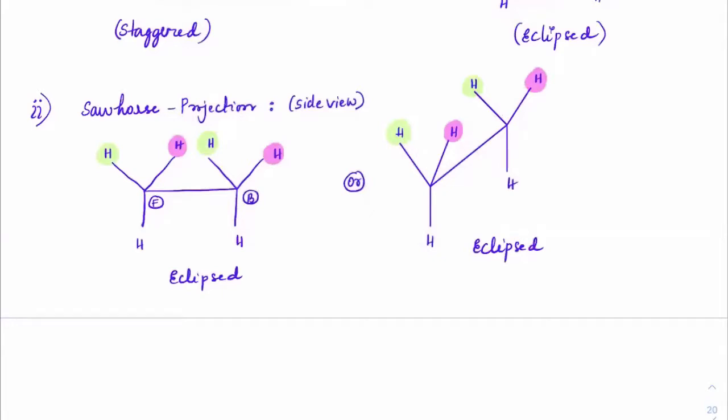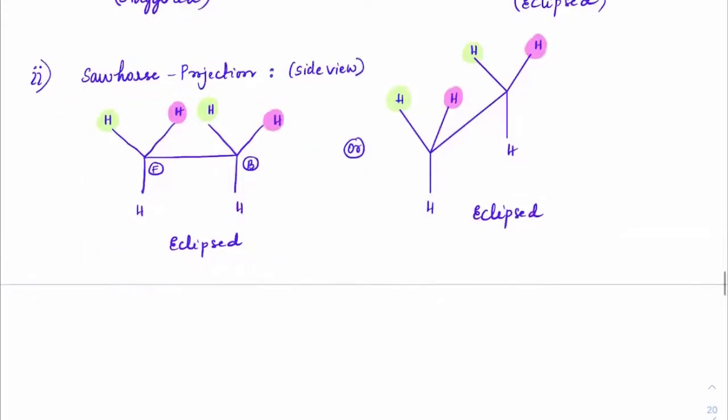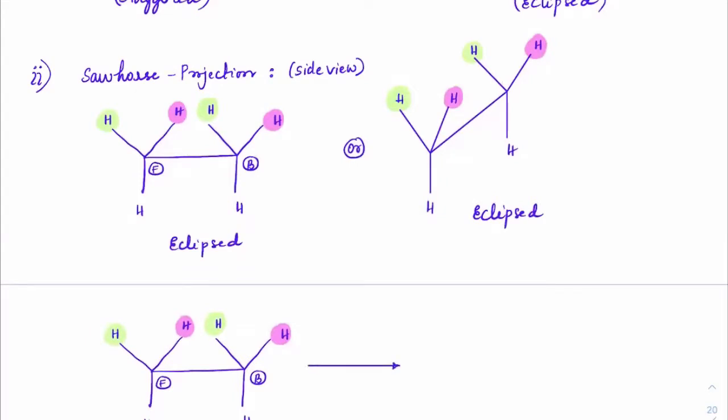So I will adopt this one from now onwards. Now if I take this staggered, eclipsed form and show you the same thing I did earlier, rotating 180 degrees of the back carbon.